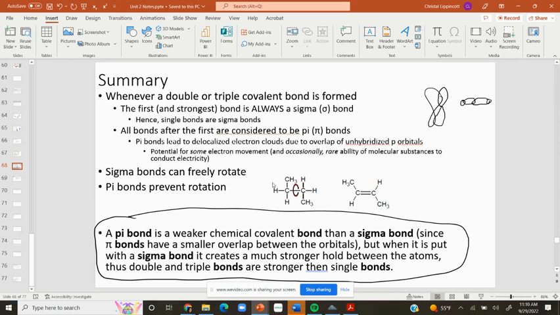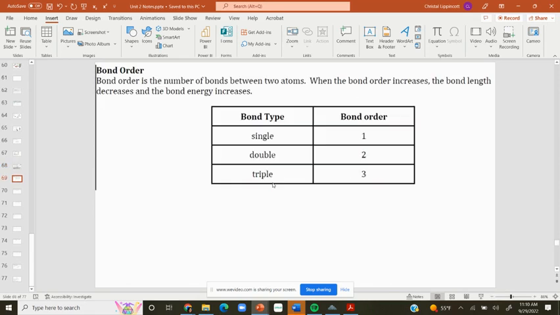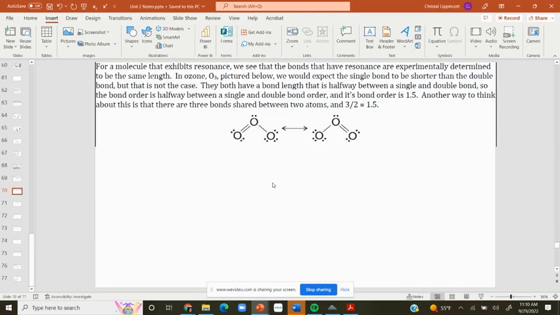So you would double it. Does that make sense? So this bond order is going to be 2, but then that one, the double bond, would still be 1.5 instead of 3 because it would go on the other side.